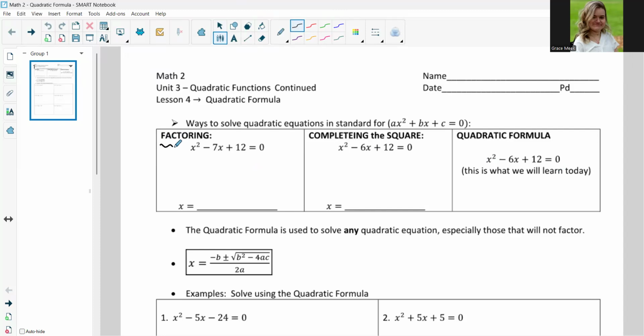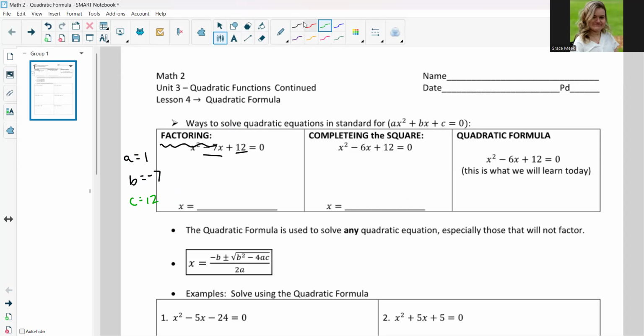When we are doing factoring, what we do is we look to see how we could make two factors using the last constant term and the middle b term. So our a is 1, our b is -7, and our c is 12.